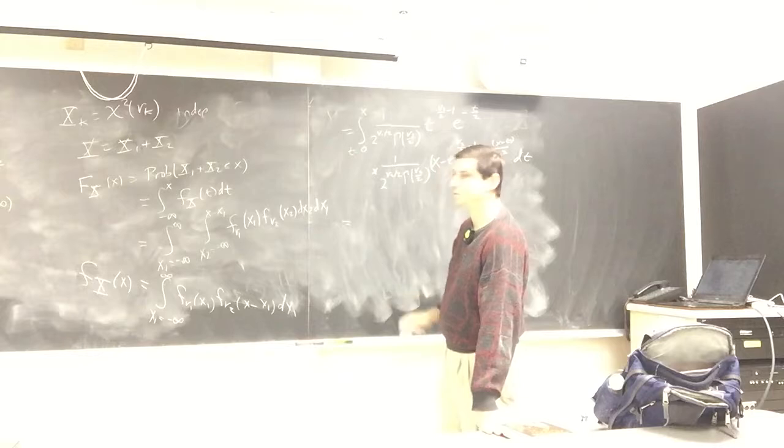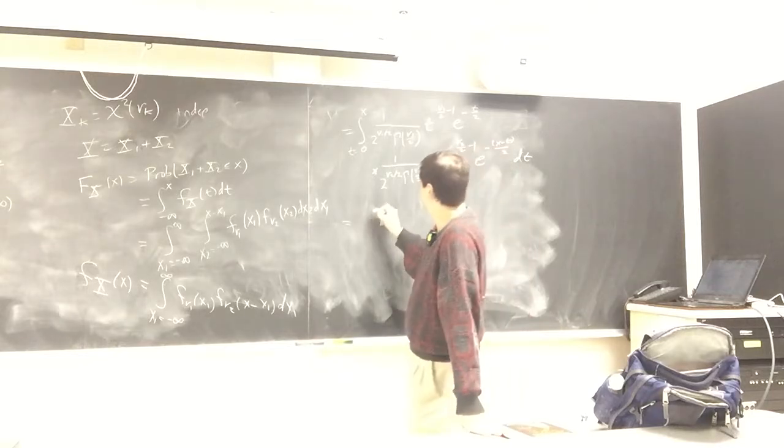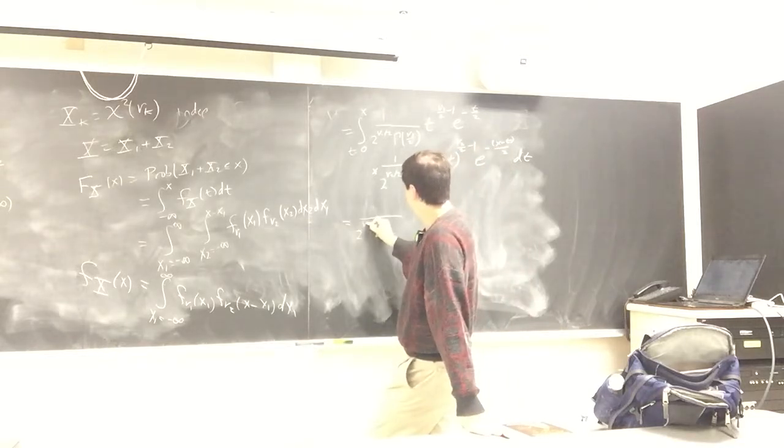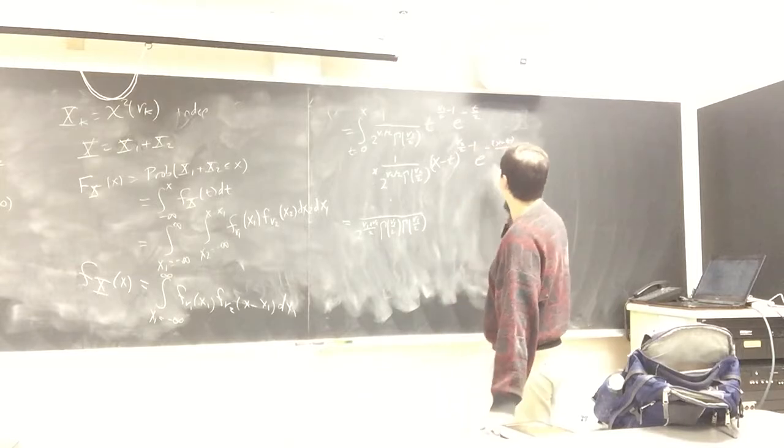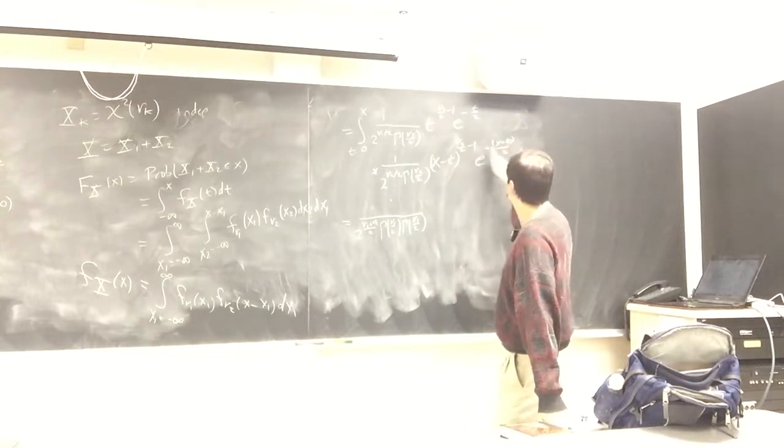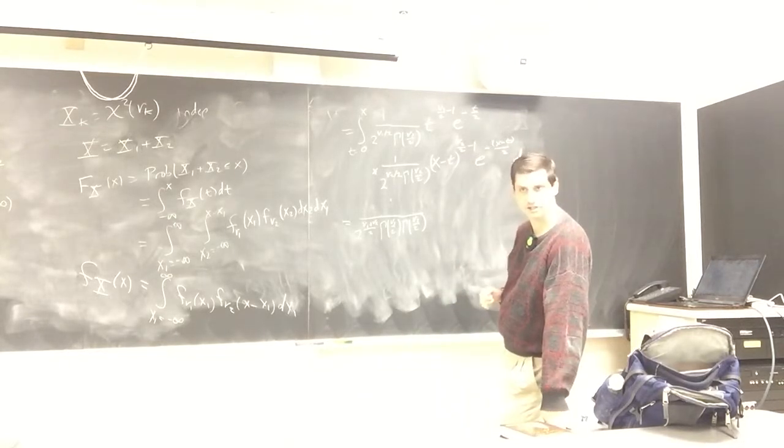All right, let's pull a bunch of things out. We can pull 2 to the nu 1 plus nu 2 over 2, gamma of nu 1 over 2, gamma of nu 2 over 2. Now we have an e to the negative t halves. We have an e to the positive t halves. Those cancel.